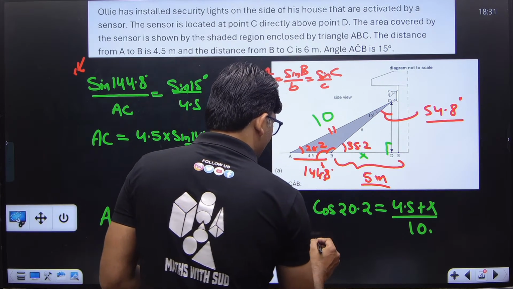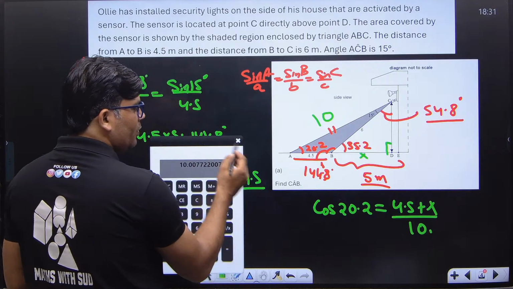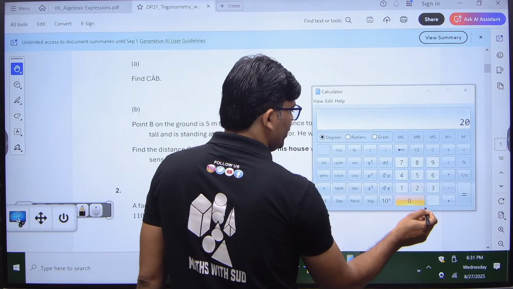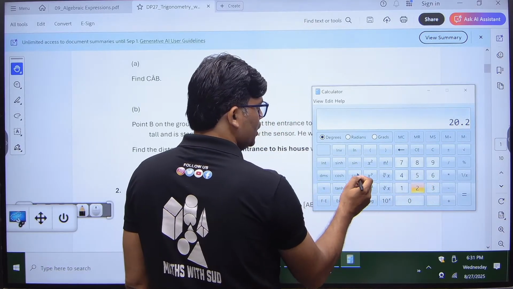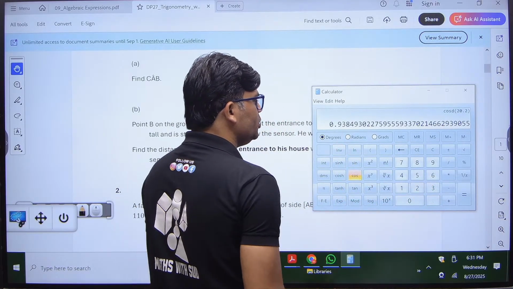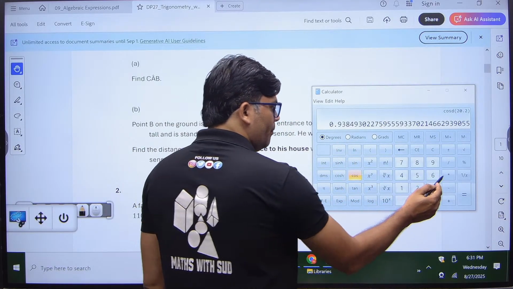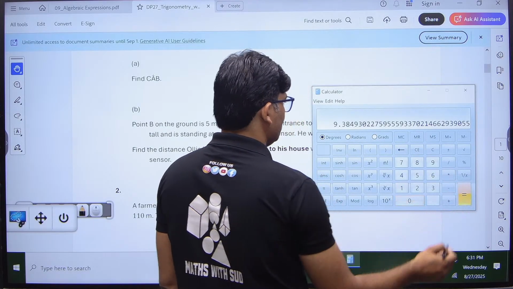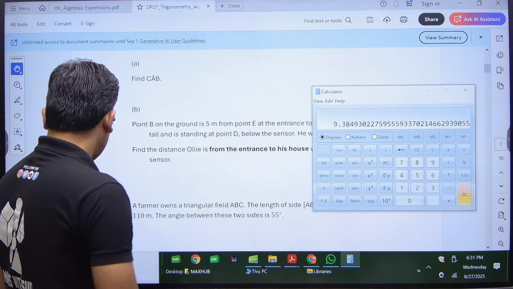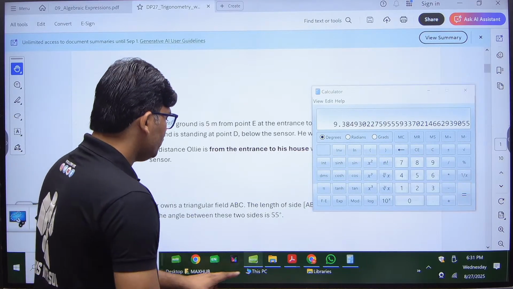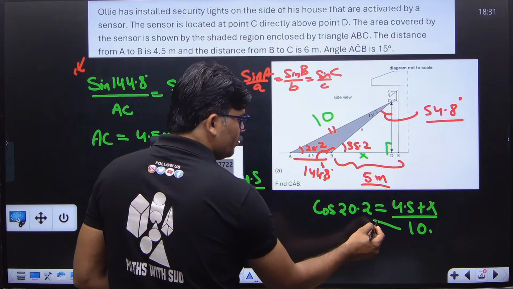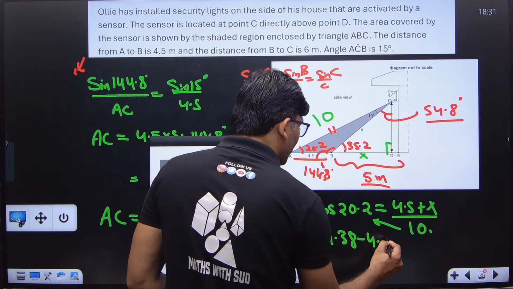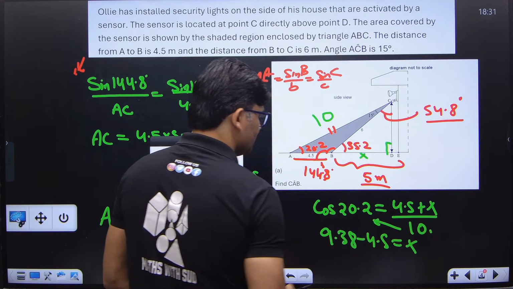So now let us find what is cos 20.2. Cos of 20.2 came out to be 0.93 multiplied by 10. I am multiplying it by 10. So I got 9.38. You understood why I multiplied it by 10. So 9.38 minus 4.5 is equal to x.